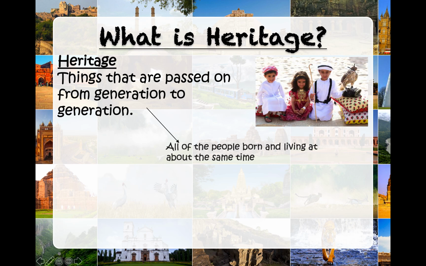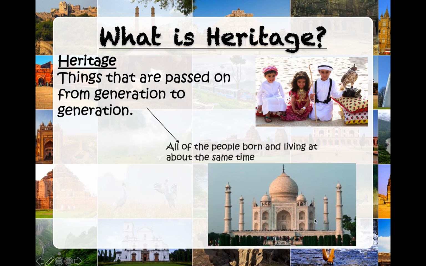For example, in the UAE, people have always worn clothing that look like this. Therefore, this is part of the UAE heritage. The Taj Mahal in India is part of India's heritage. It's part of their history, and people visit the Taj Mahal every time they go to India.